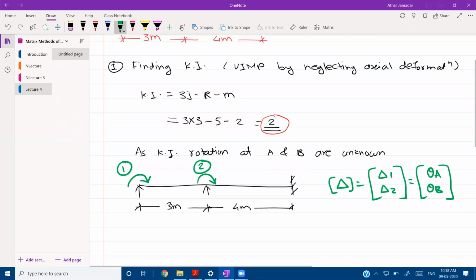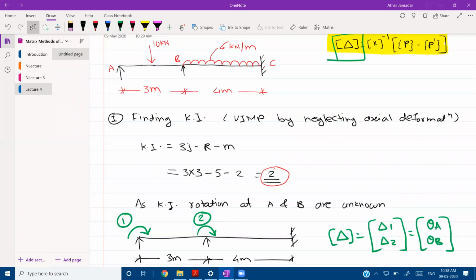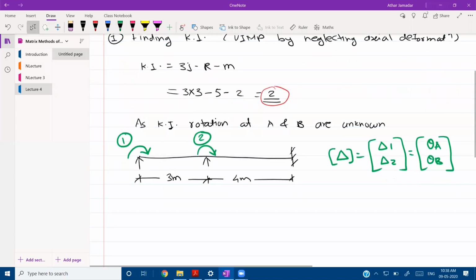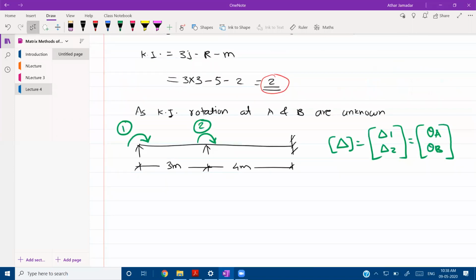So what we have done so far, we have found out Ki by neglecting axial deformation. So the Ki value is 2. So now rotation at A and rotation at B are unknown. We have assumed clockwise rotation at A and B as unknown.